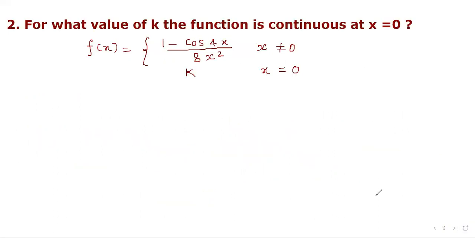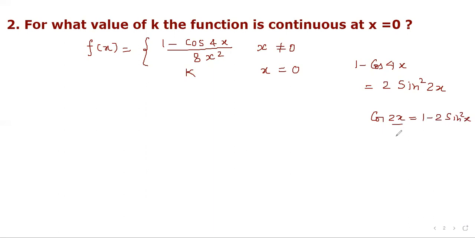Now let's go to the next question. For what value of k is the function continuous at x equal to 0? This is a similar question to the one we did in question 1. The same process is to be adopted. So 1 minus cos 4x will become 2 sine square 2x, because remember cos 2x equals 1 minus 2 sine square x.